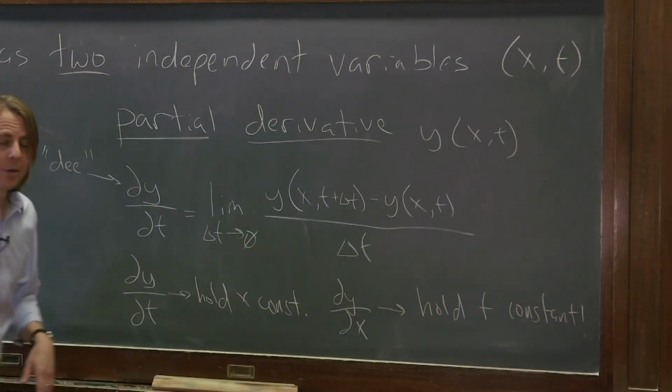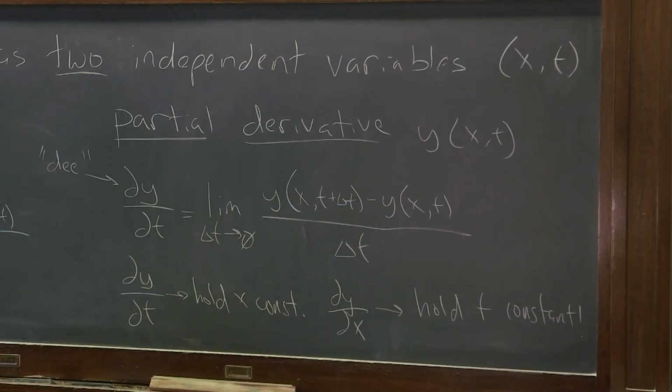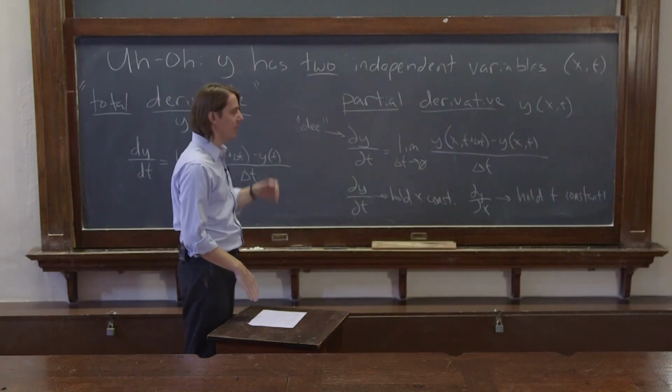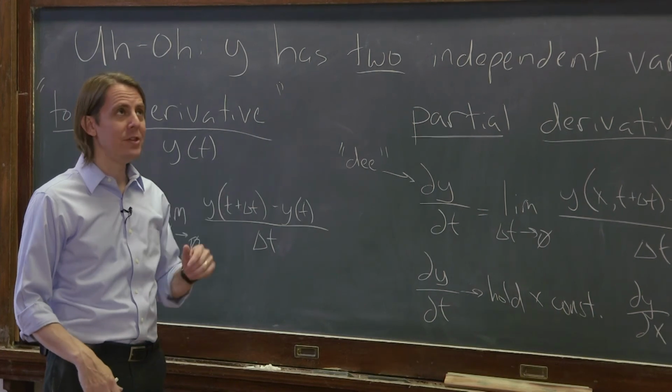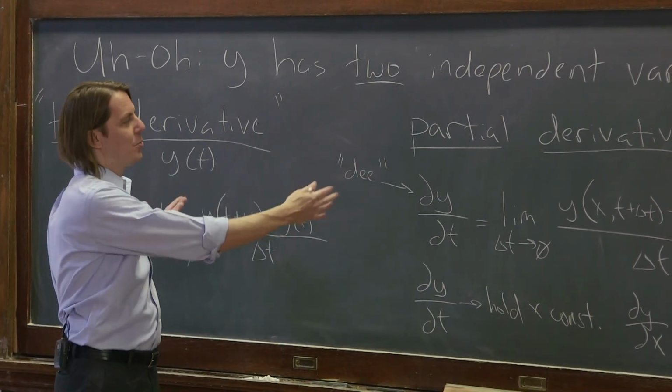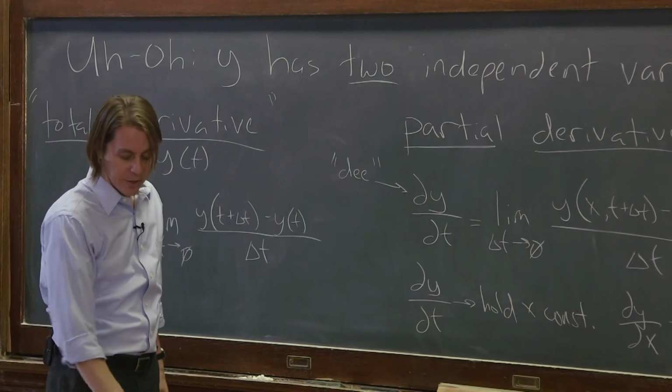Taking partial derivatives is not hard. It's about as hard as taking regular derivatives. You just treat the other independent variable as a constant. Solving partial differential equations is hard. That's what we're about to do. But just taking them, in terms of the mechanics of it, is really no different.